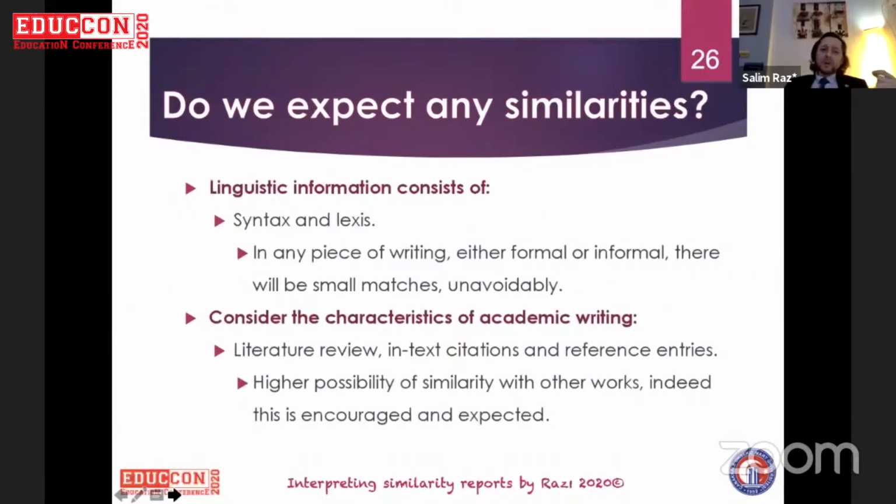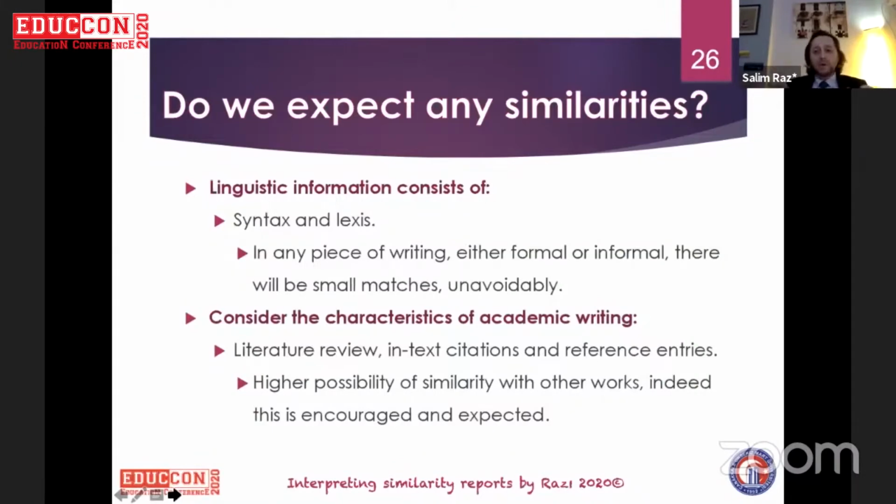Suppose, for example, one of your students submitted an assignment, and as a lecturer, you see that there is a match at a 30% rate. Is this a problem?